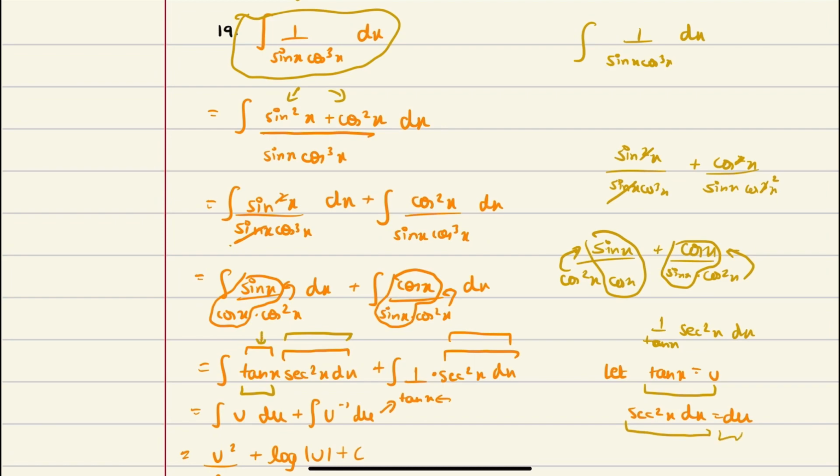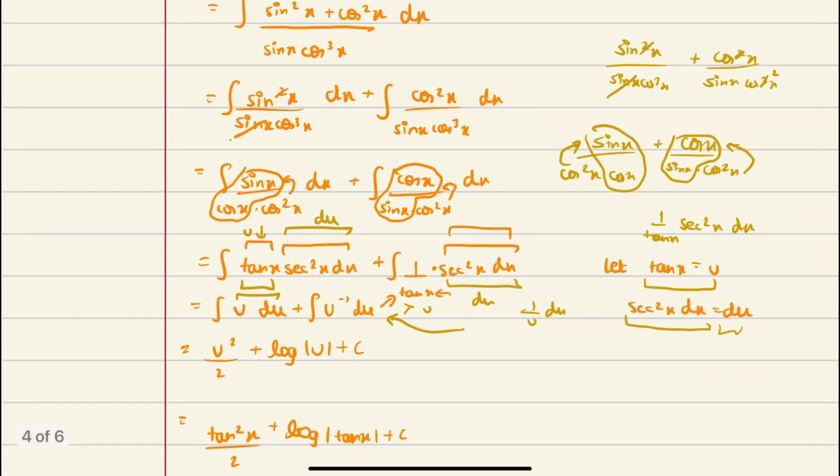So that is u and that is du. So that just becomes 1 over u du, which I've written out as u to the power minus 1 times du. Then we use the classic power rule here and the standard integral here, and then we replace the value of u, and that is the answer.